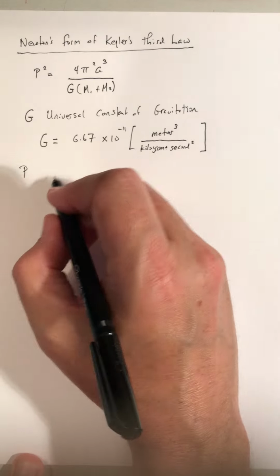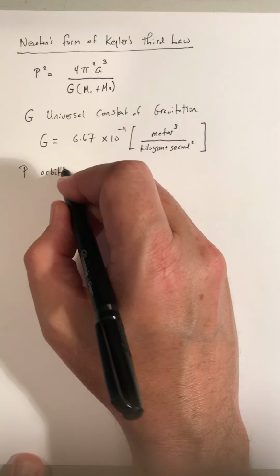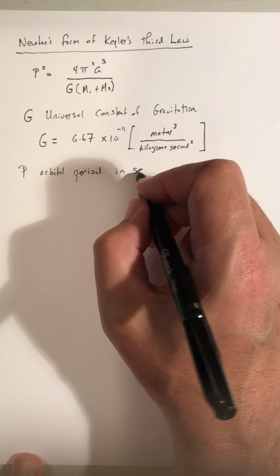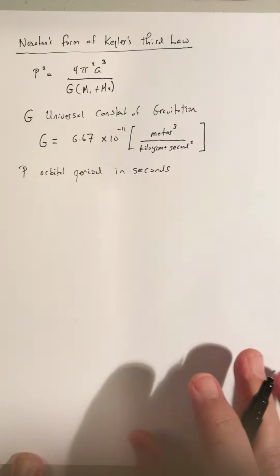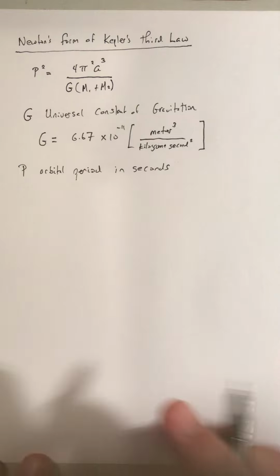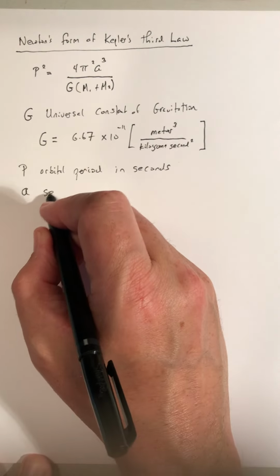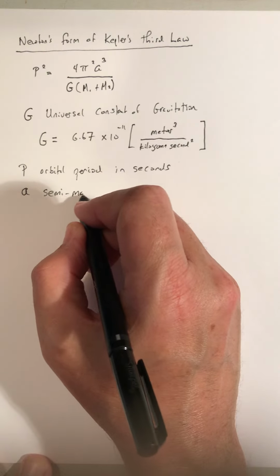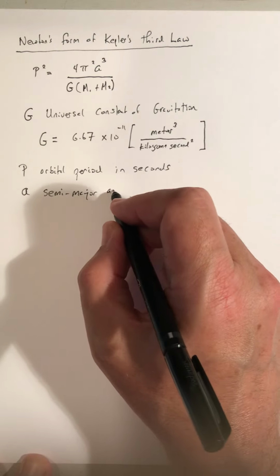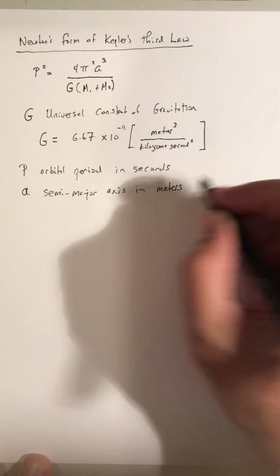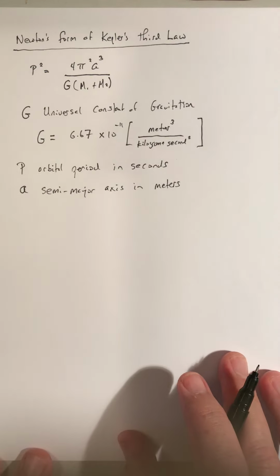So P is orbital period, and it is in seconds. If it is not in seconds, you have to convert it. A is the semi-major axis of the orbit, and that has to be in meters, and if it's not in meters, you have to convert it.